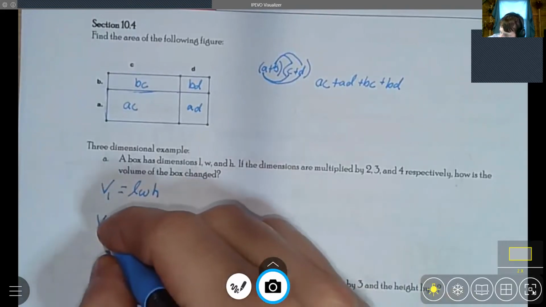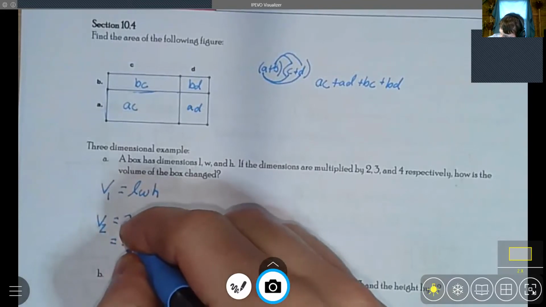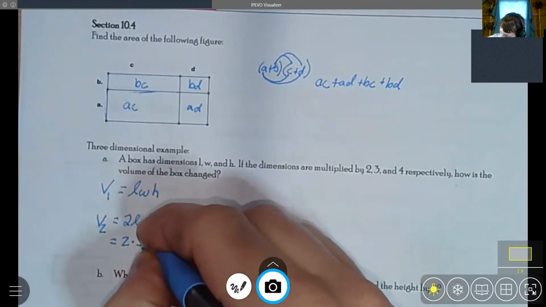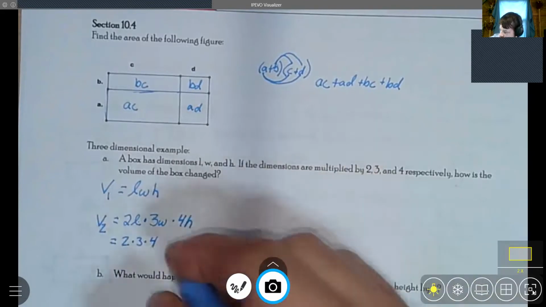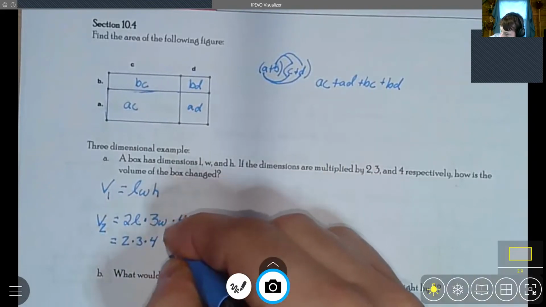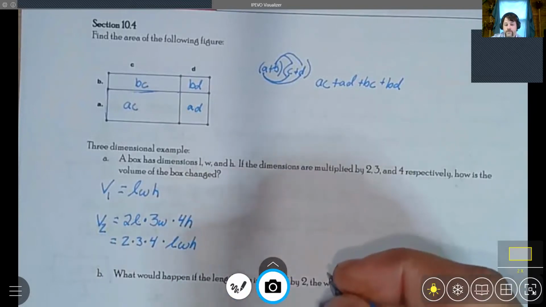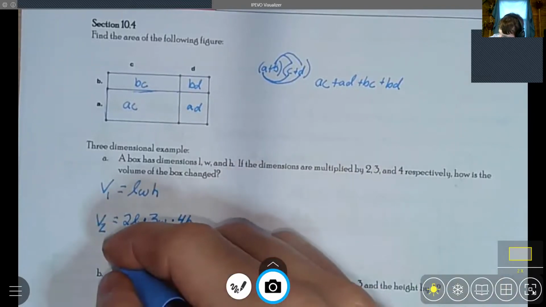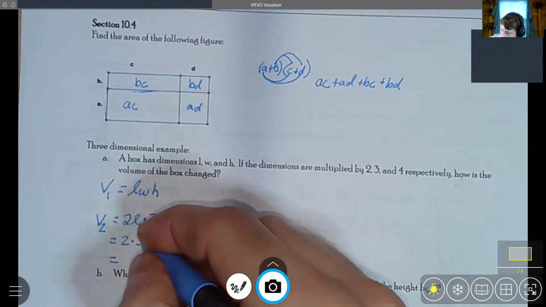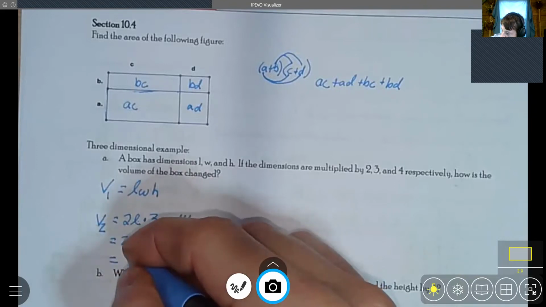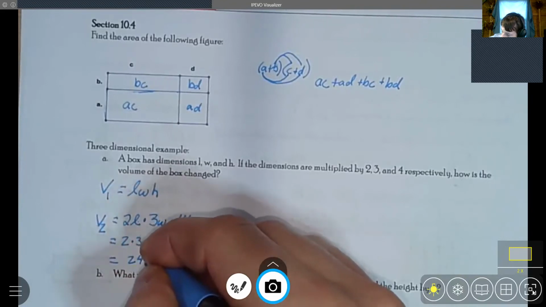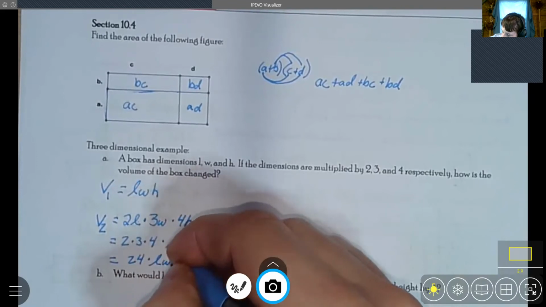So I can rewrite this as 2 times 3 times 4 times L, W, H. And then here, 2 times 3 is 6, 6 times 4 is 24, so 24 LWH.